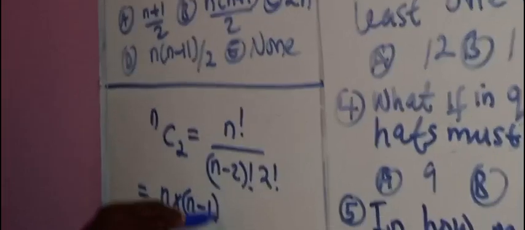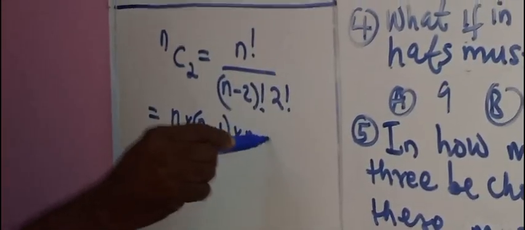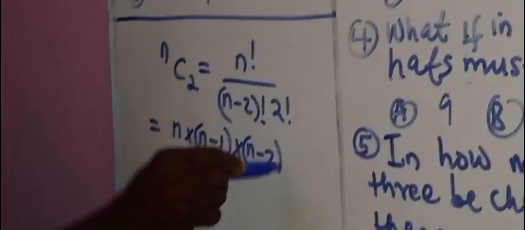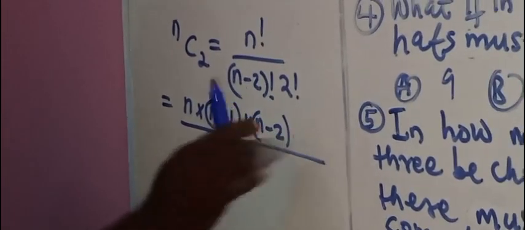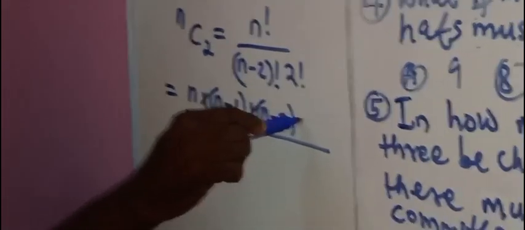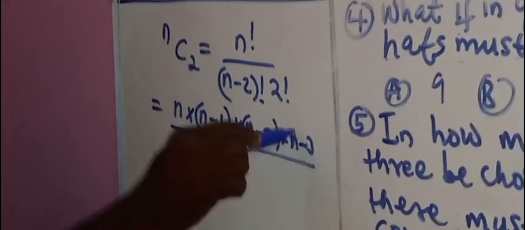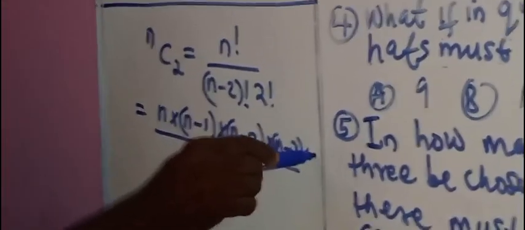Now, n factorial means n times n minus 1, times n minus 2, times n minus 3, times dot, dot, dot.